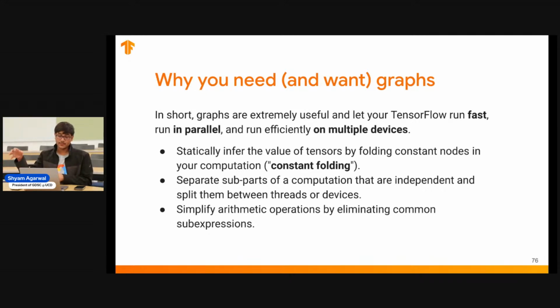If you have multiple processing units or multiple processors, and simplify arithmetic operations by eliminating common subexpressions. This basically signifies why using graphs is useful as a representation for our models. And there's an entire optimization system, Grappler, to perform these and many other optimizations. But the baseline is graphs are cool.